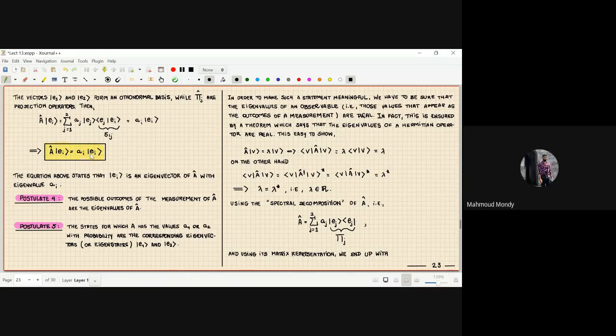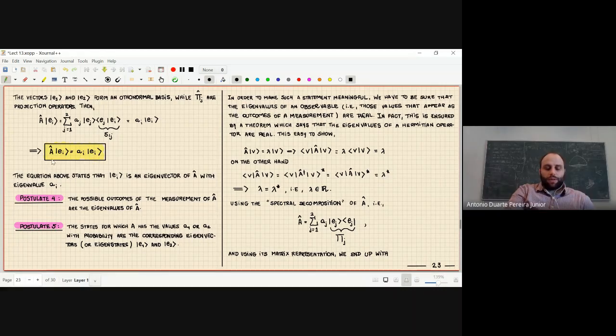Yeah, eigenvalue. Exactly. So this is the equation that defines the eigenvectors of A: the eigenvectors of A are the vectors that, when you act with A on them, give you a number times the same vector. So this is an eigenvector, and the number is the eigenvalue.